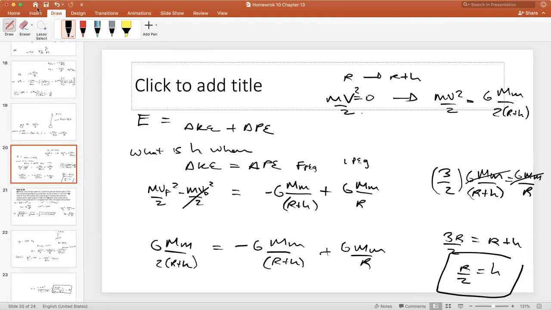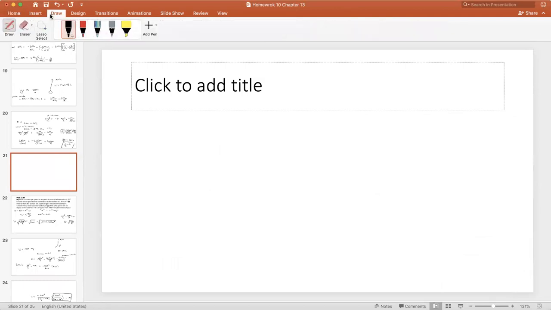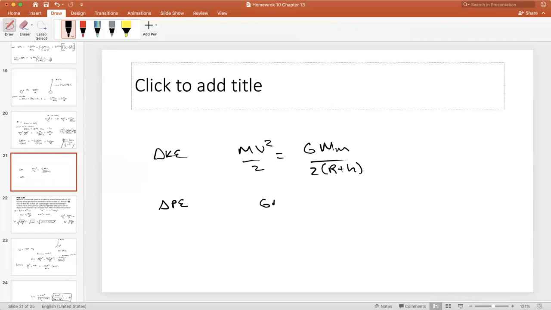And so we can see that if we look at it, the change in kinetic energy is mv squared over 2, which was GMm over 2 times R plus H. And the change in potential energy was GMm over R plus H with a minus sign plus GMm over R, right?